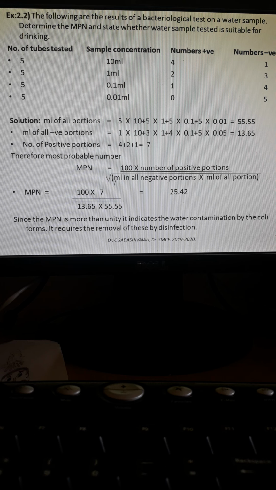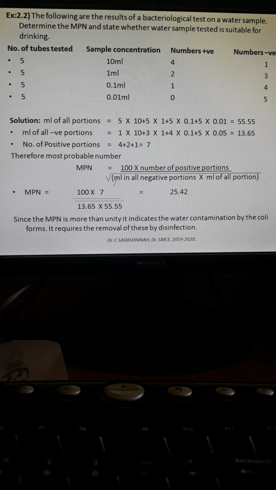If you add all these, the number of test tubes giving positive results will become 4 plus 2 plus 1, which is equal to 7. Now ml of all negative portions: in the first set when 4 are positive, 1 indicated negative, where the quantity of sample taken was 10 ml, therefore 1 into 10, plus in the second set where 2 portions indicated positive, 3 indicated negative, therefore 3 into 1 ml sample was taken, so it is going to be 3 ml.